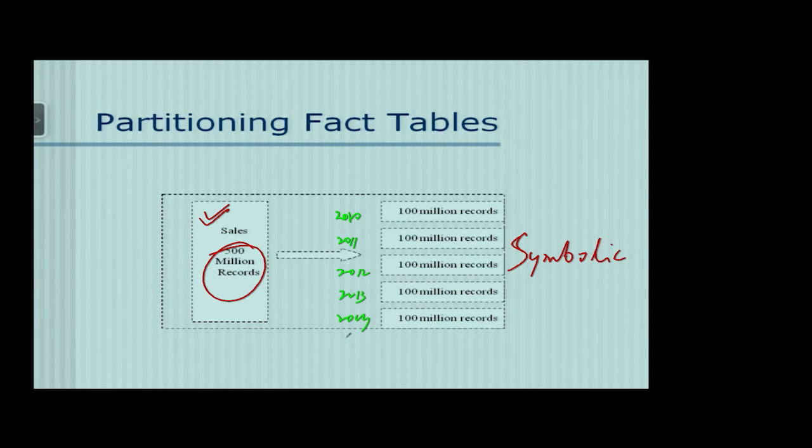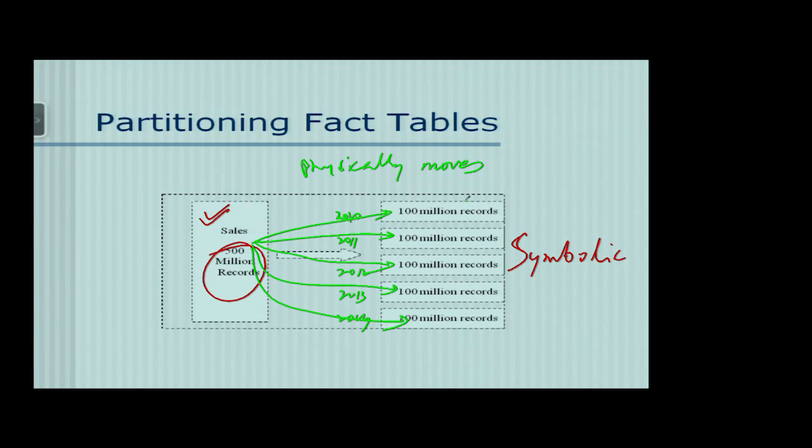So I created these partitions year wise, and 2015 data is yet to come. So when I say that you create these partitions, data from this table is distributed according to the partition definition into these. So the data physically moves to these partitions, right? So these are like tables.